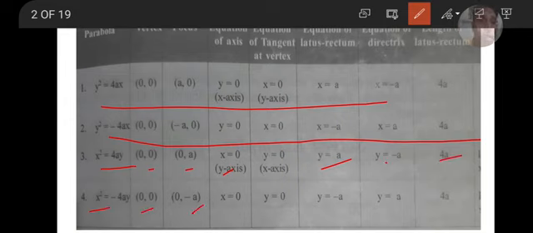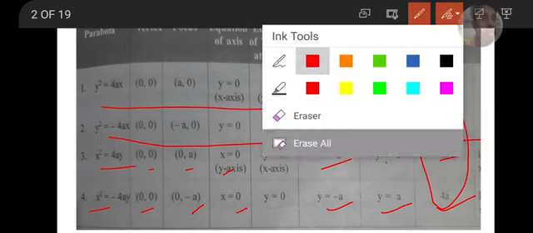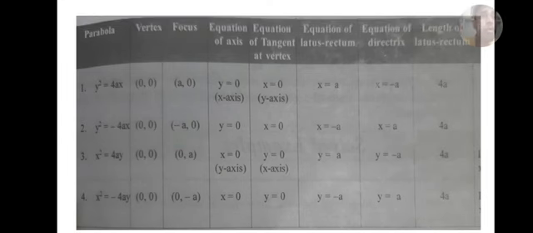In every case the length of the latus rectum is 4a. Based on these formulas, we will do the problems.